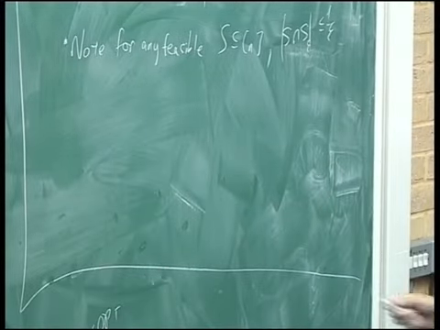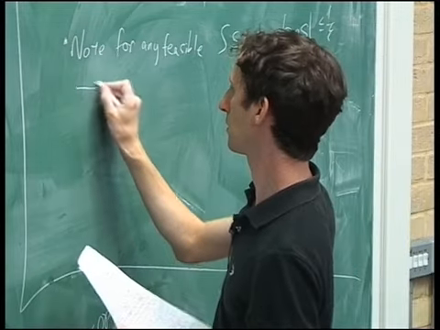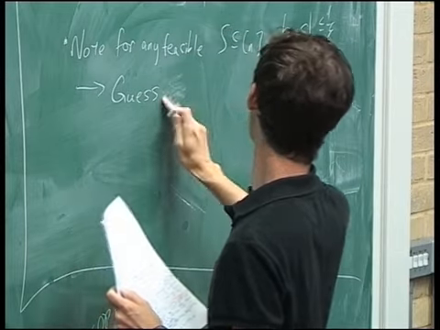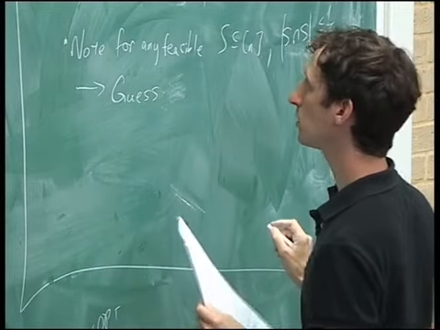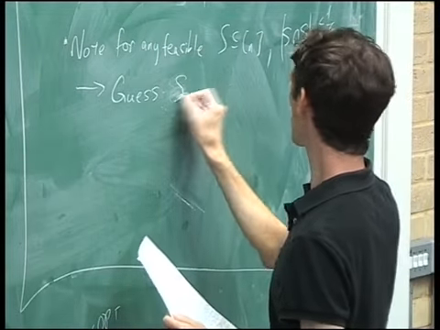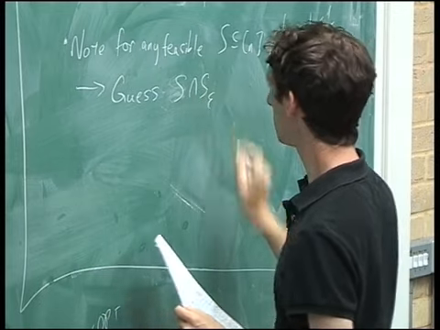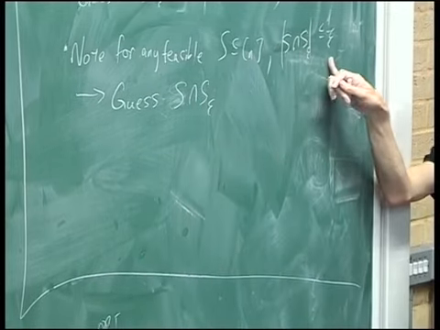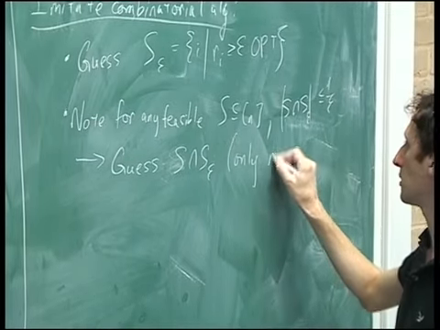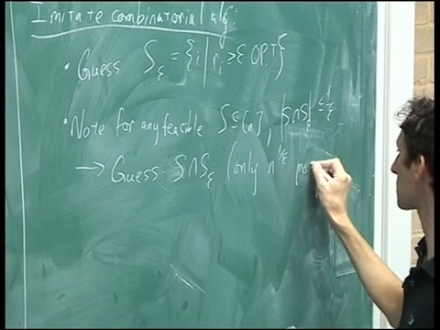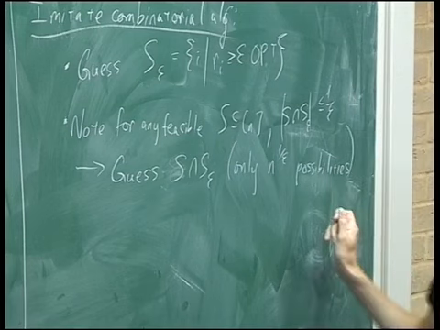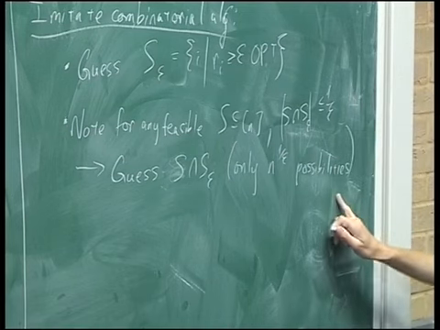Then, once we've guessed S epsilon, we can also guess S intersection S epsilon, because this only has constant size. So there are only n to the 1 over epsilon possibilities, and one of these guesses will also be correct.